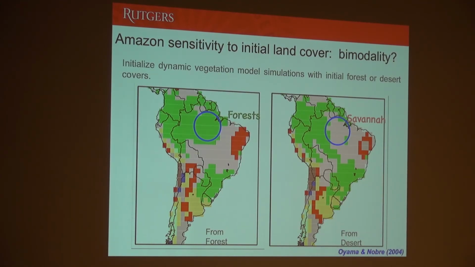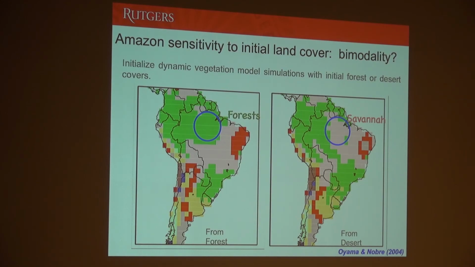And if you look at the climate that exists here, the temperature and the rainfall, the moisture fields, they're very different if you're talking about a forested surface or a savanna surface. And so, I think especially as we move toward more and more sophisticated types of vegetation models coupled to climate models, this type of study is something I would be interested in doing, because I think you can find some interesting types of behavior here.